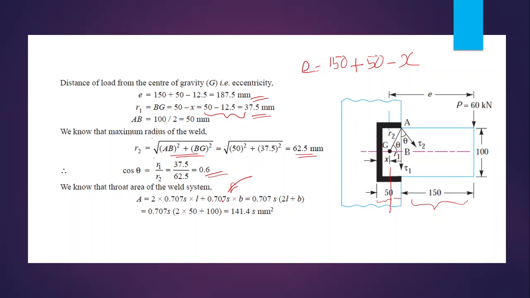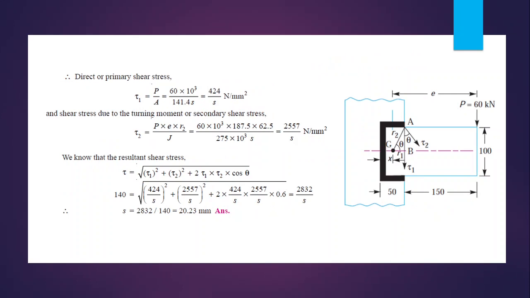That is the throat area of the transverse fillet weld, from this point to this point, and that length is equal to 100 mm. Then we can find out the total area as 141.4 S mm raised to 2.